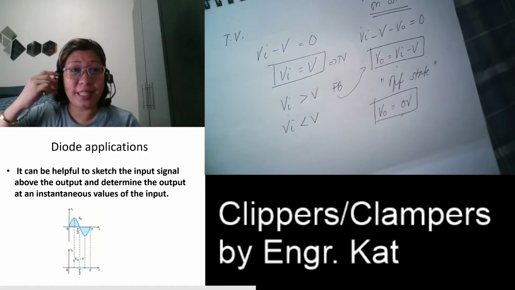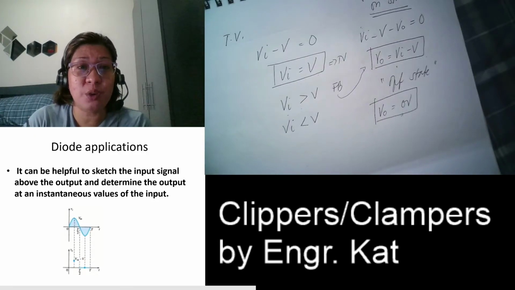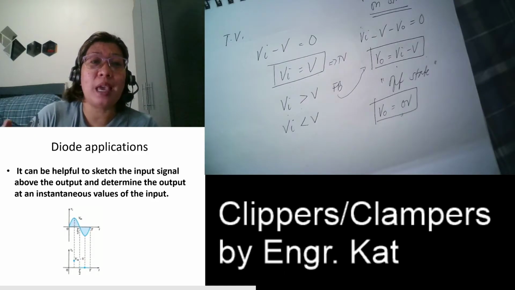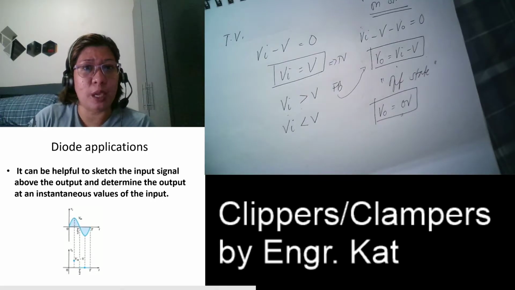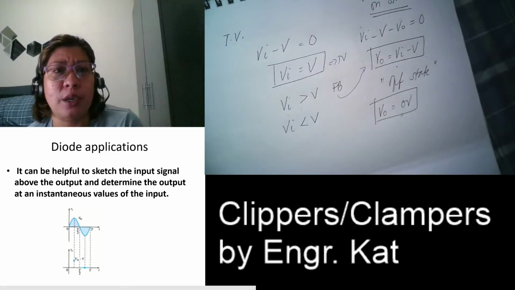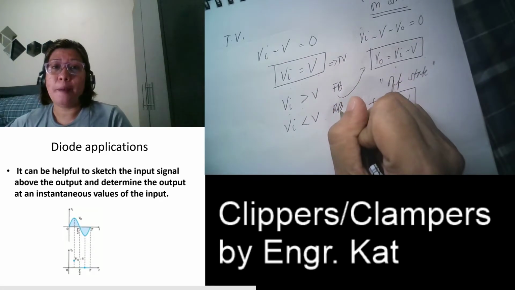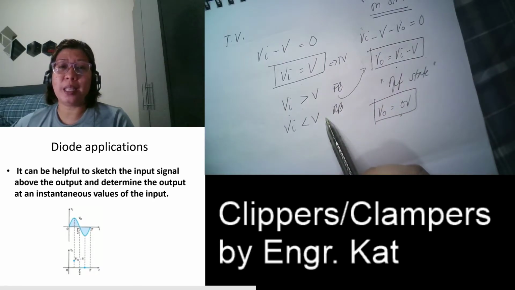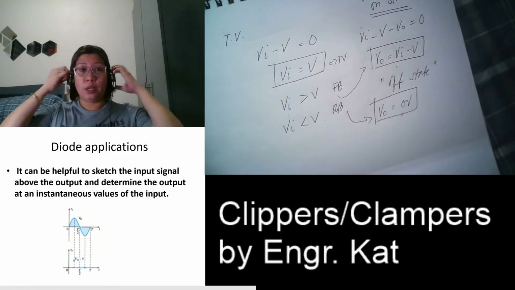We have analyzed that a while ago. Since V will reverse bias your diode, and if VI is lesser than your V, that means it is negative, so that will further reverse bias your diode. So every time your VI is less than V, our output is equal to 0.